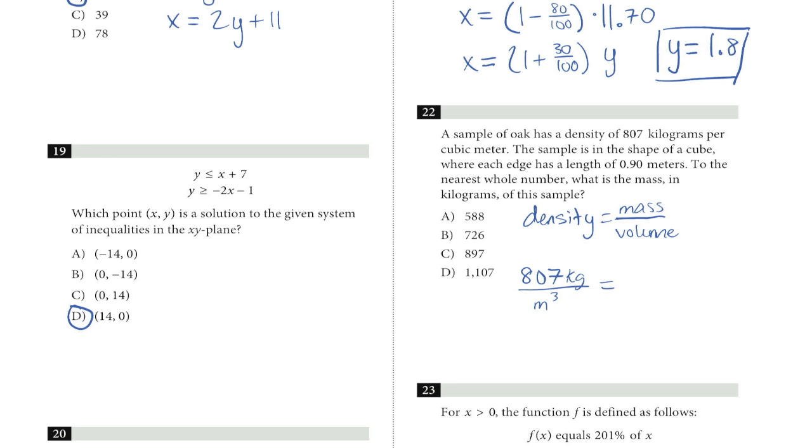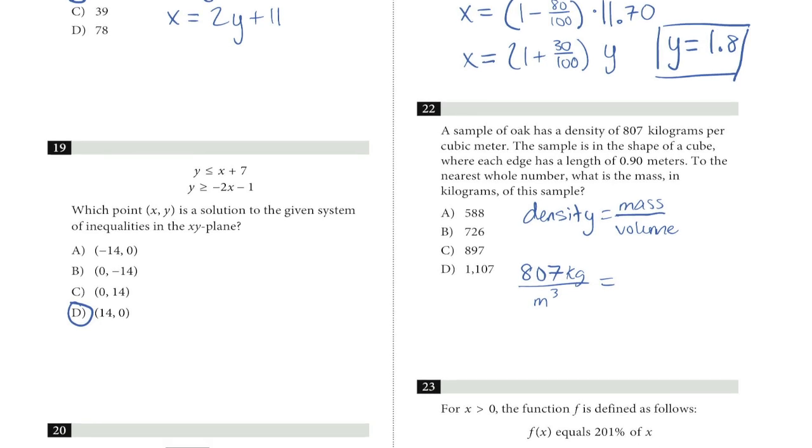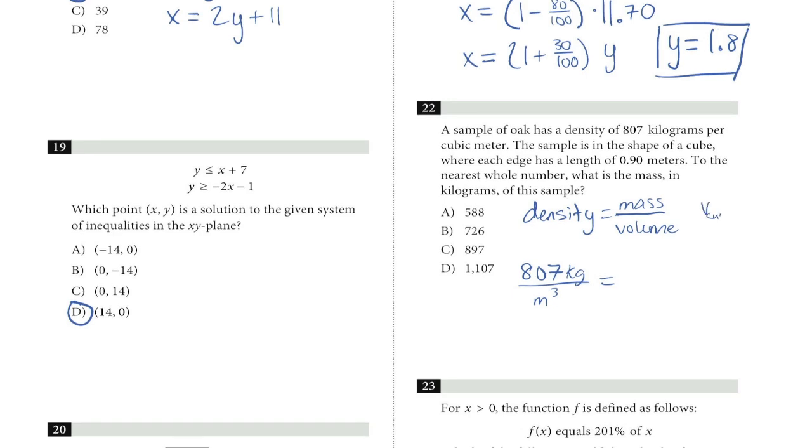The volume of a cube is equal to the edge, a lot of times we say side, but with cubes we should call them edges, side cubed, or edge cubed. So for this question, we know the edge has a length of 0.9 meters. So because of that, the volume would just be 0.9 meters cubed.